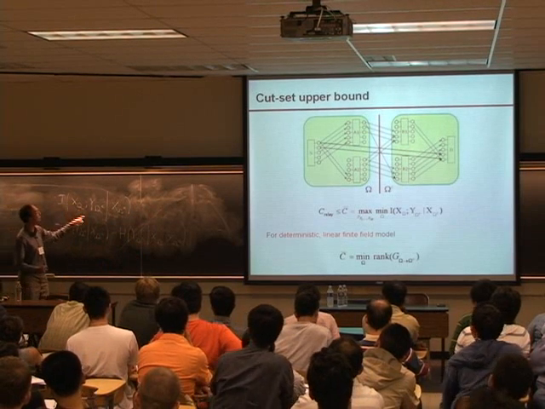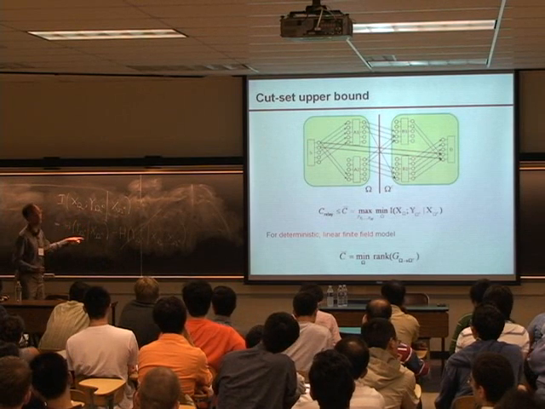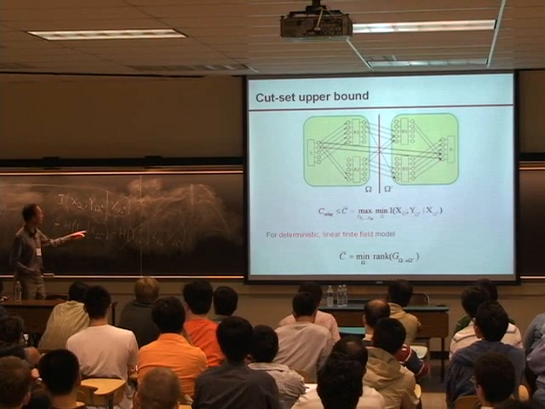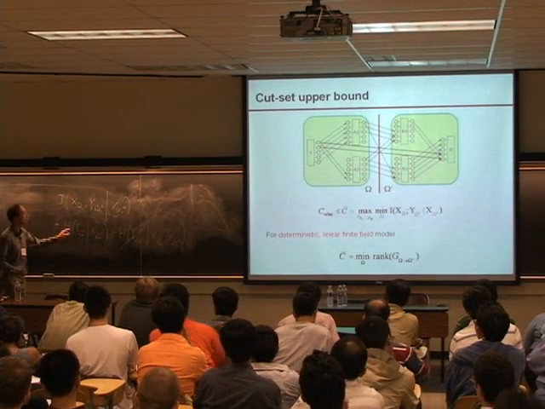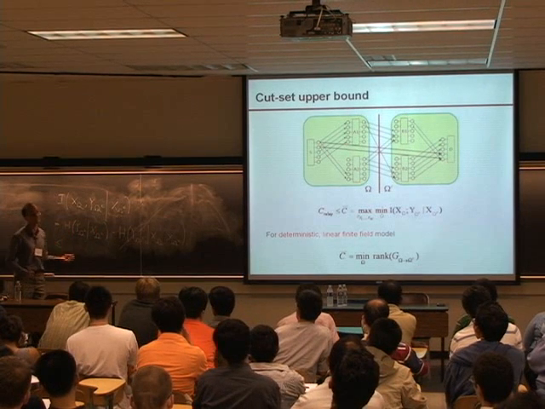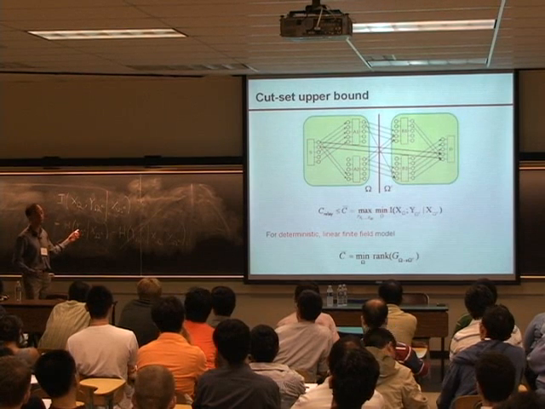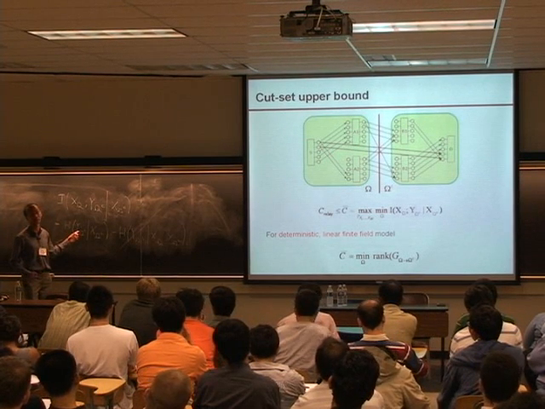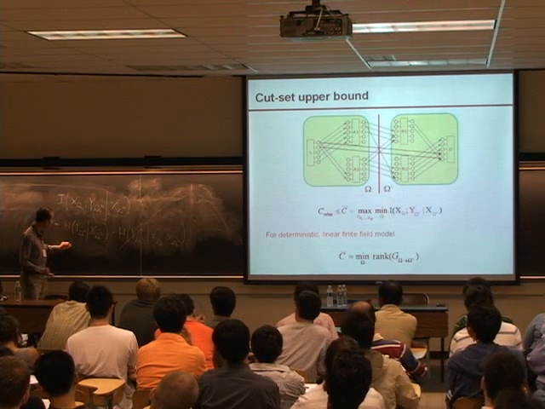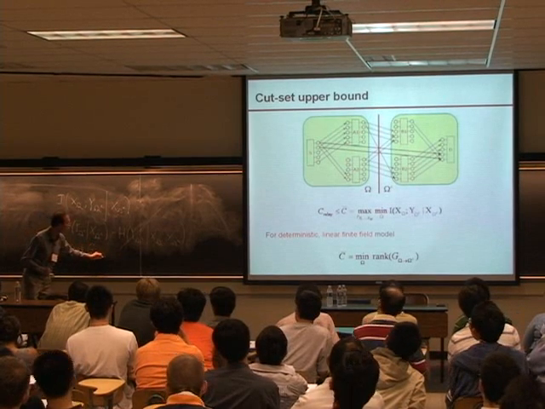So therefore, to maximize this, all I need to do is to maximize the entropy of the output given the input on the right-hand side. But this entropy is always less than the log of the cardinality of the range space of y, the possible values that y can take on given this. But this is less than the rank of the transformation G from omega to omega complement.